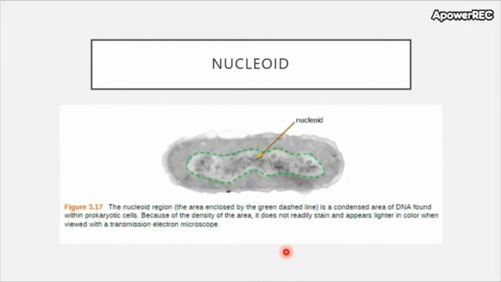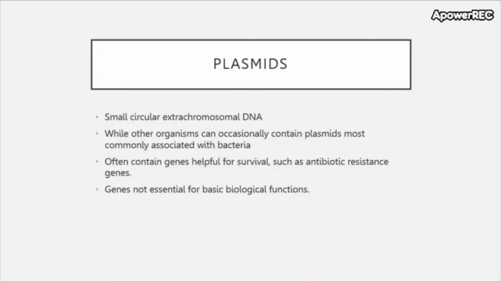If you're viewing bacteria with a light microscope, you probably won't see a nucleoid. So if you see a nucleus, you're probably looking at a eukaryote. Obviously, bacteria don't have nucleuses, but sometimes it's hard to tell the difference under the resolution that light microscopes provide.